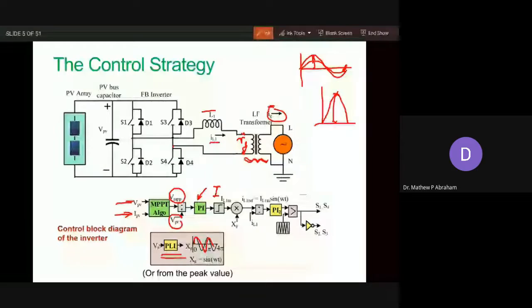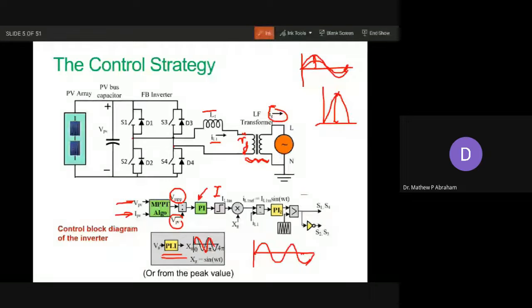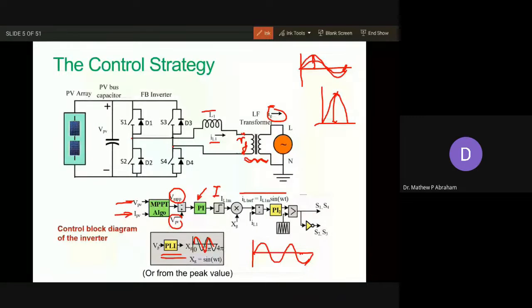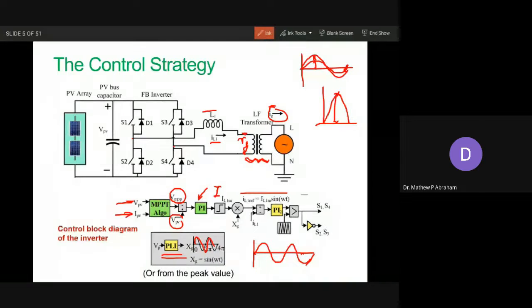That multiplied by I will provide us with the sinusoidal current which is to be injected. Right? So this is the sinusoidal current to be injected.